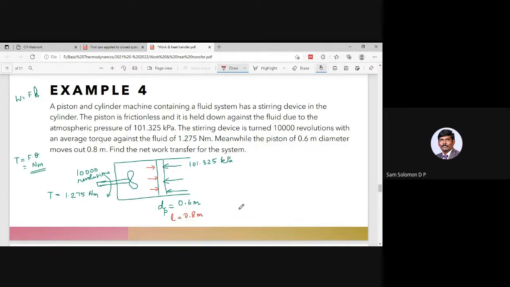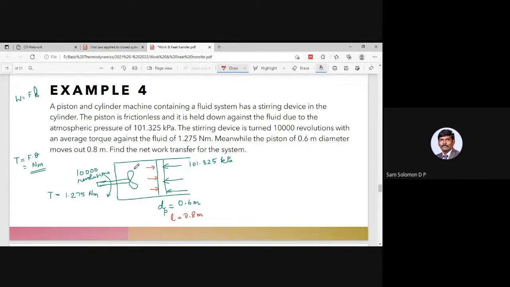Okay, it has pushed the piston about 0.8 meters. 80 centimeters, right? 0.8 meter is how much? It should be 8 decimeter, so it should be 80 centimeters, quite a large distance.